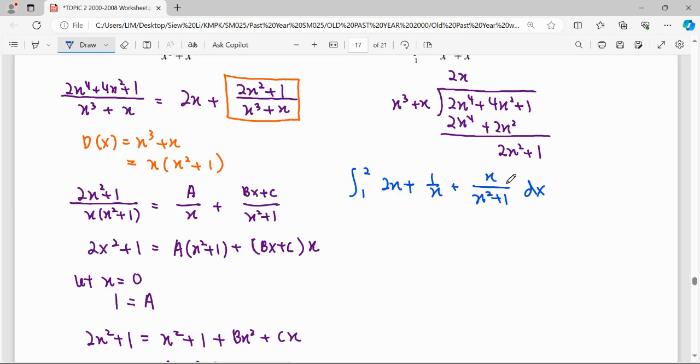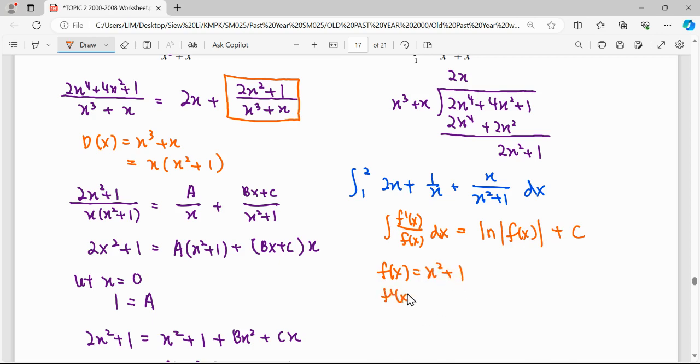So we check whether we have the pattern or not. If we want to integrate a fraction where the denominator is not linear, we want to see whether it has the differential of the denominator function at the numerator. If it has this pattern, you can directly integrate and get the answer ln of f(x). So the denominator function is x squared plus 1.